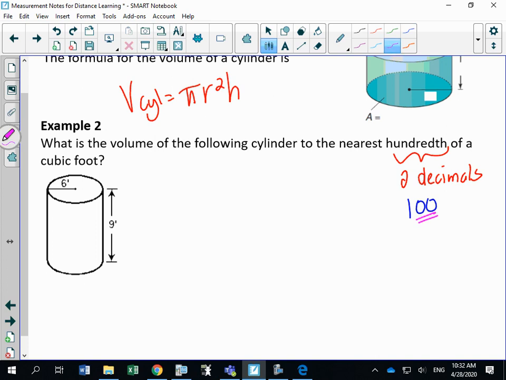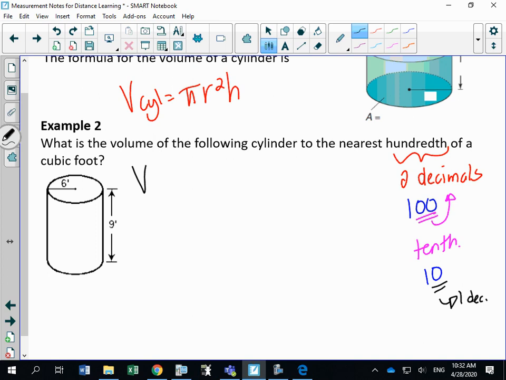It has 2 zeros, so that would be 2 decimals. If I asked you to give an answer to the nearest tenth, let's say, write the number 10. The number 10 has 1 zero, so that would be 1 decimal place. That will help you remember.